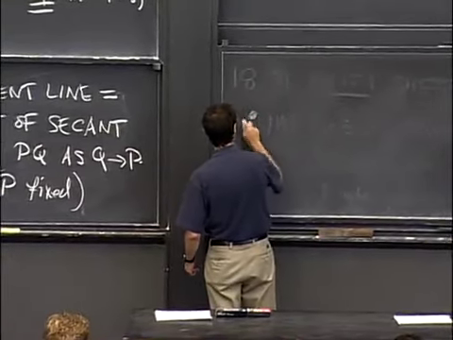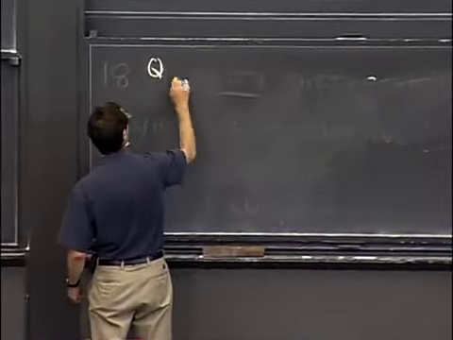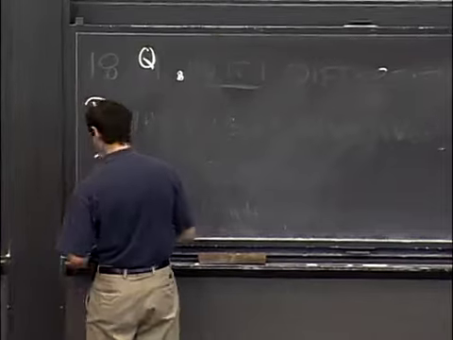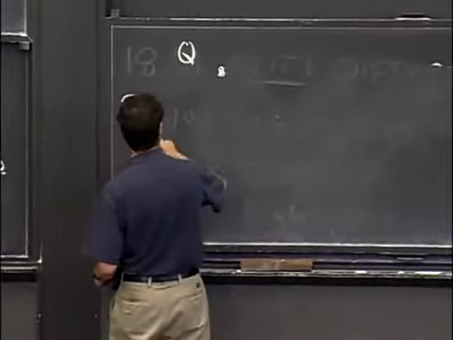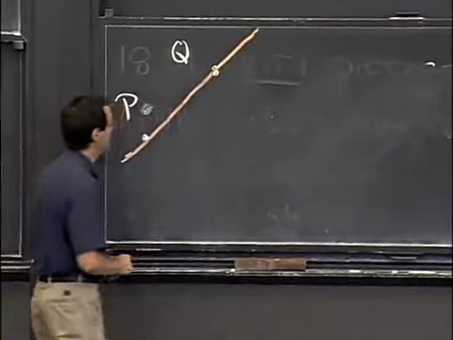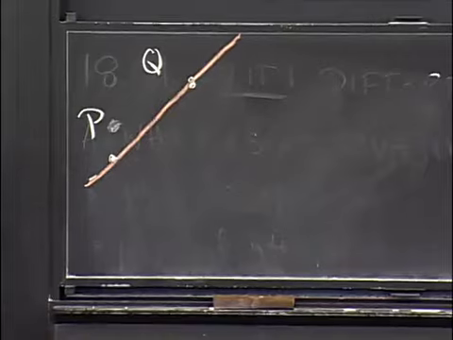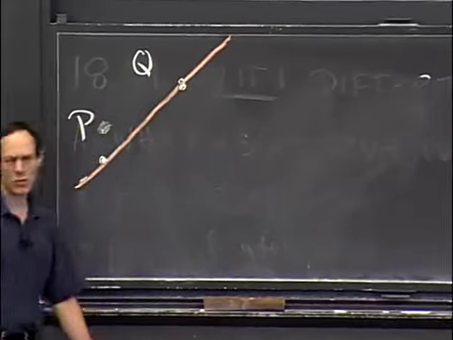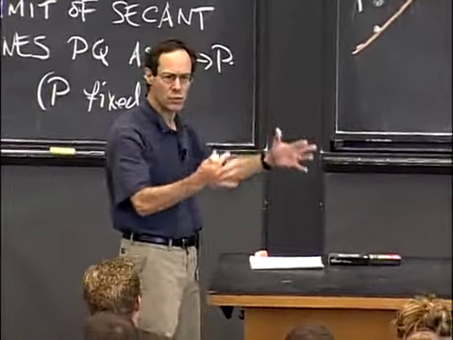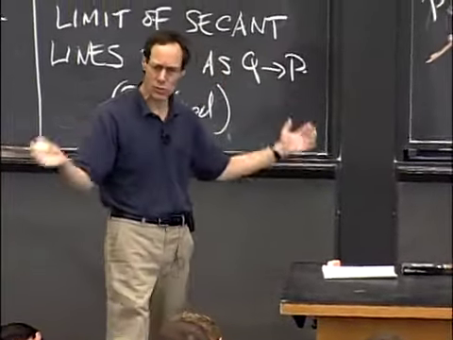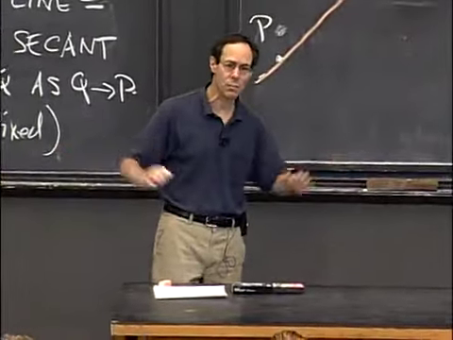So maybe we'll put P here and Q here. And I'm thinking of this line through them. I guess it was orange, so we'll leave it as orange. All right. And now I want to compute its slope. And so we'll do this in 2 steps, and these steps will introduce us to the basic notations which are used throughout calculus, including multivariable calculus, across the board.